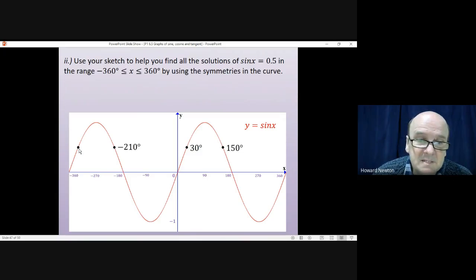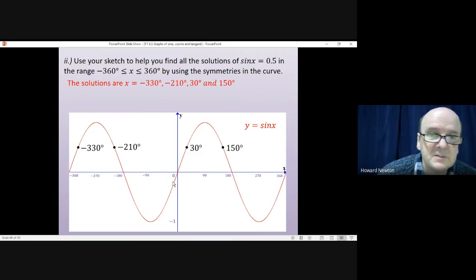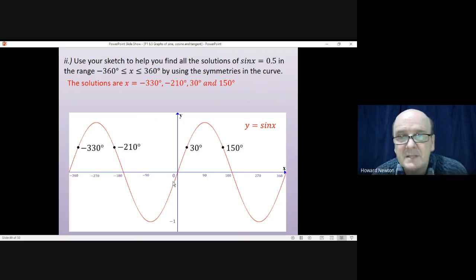And to find this last solution here, it corresponds to this one. So you do 30, take away 360, and that'll give you the -330 degrees. And there are no other solutions in the range from 360 to -360. So that is the answer. The solutions would be -330, -210, 30 degrees, and 150 degrees.